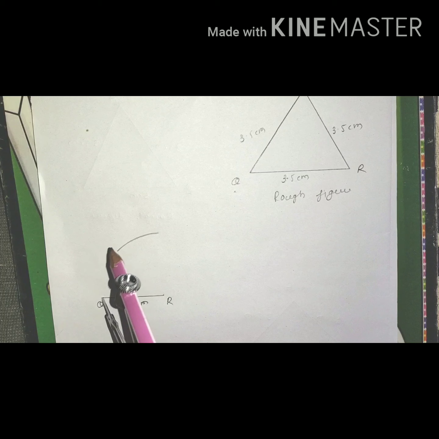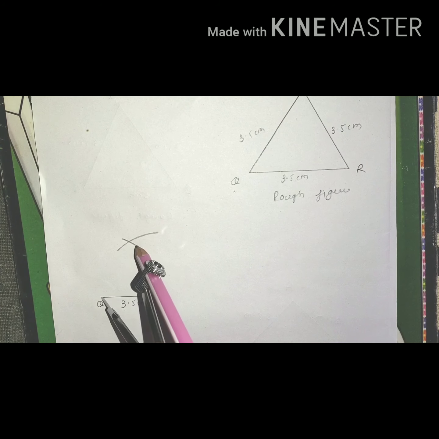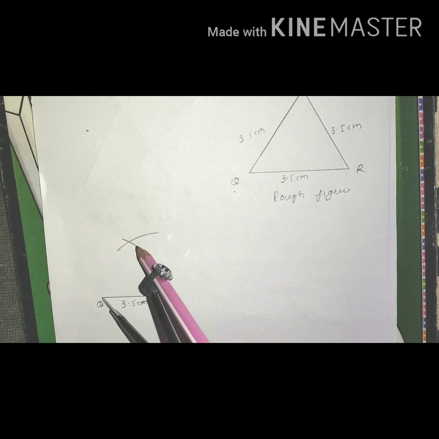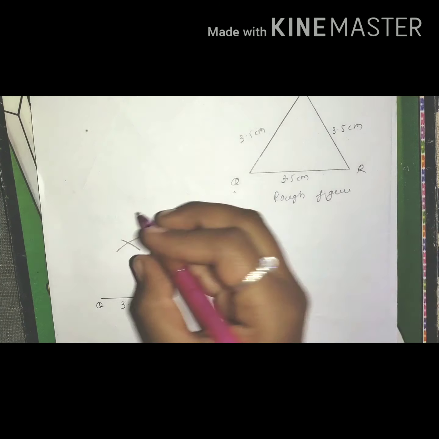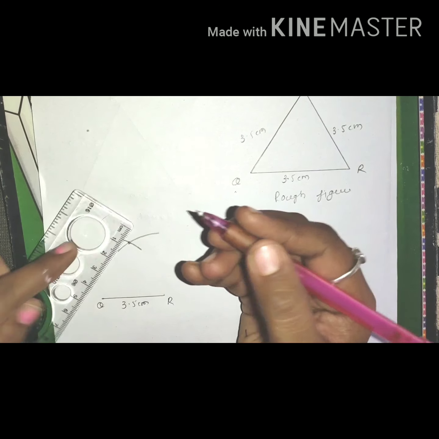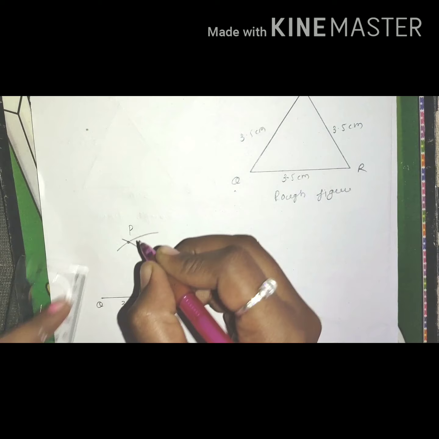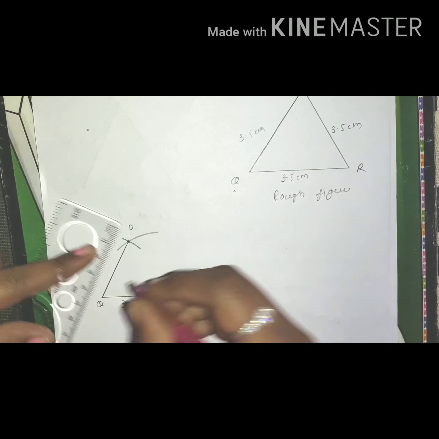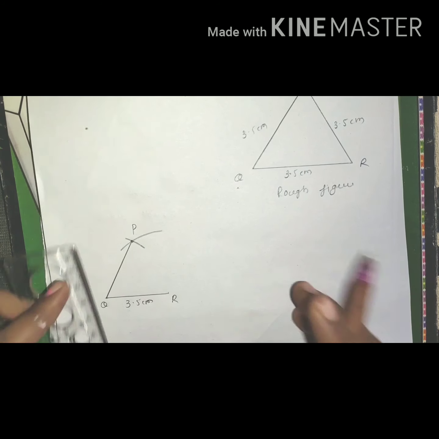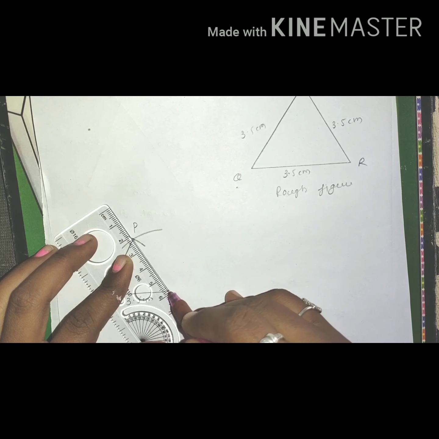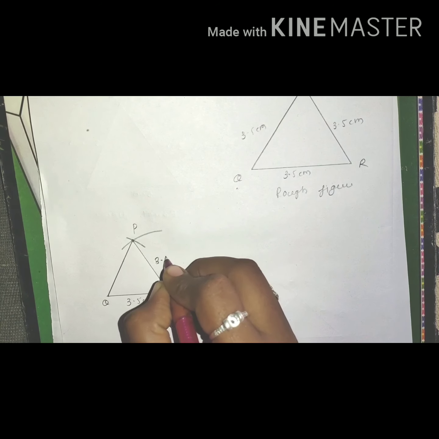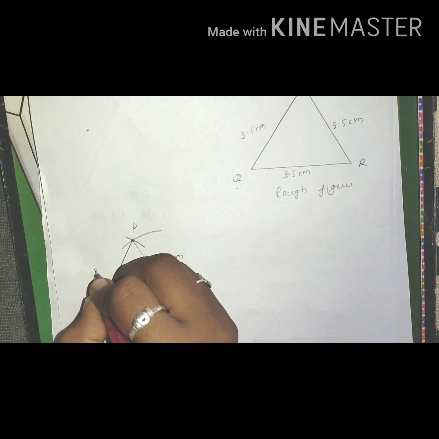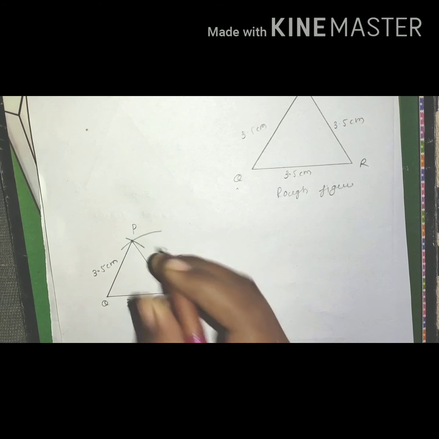So keep a compass at point Q, make another arc which is going to intersect the first arc to make a point of intersection. That is the vertex P. Draw the segment PQ and PR. Write down the measurement 3.5 centimeter and 3.5 centimeter.